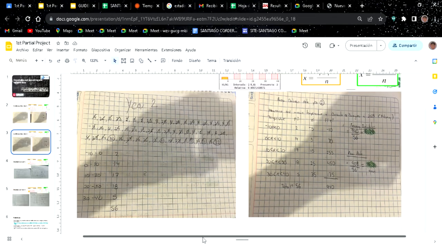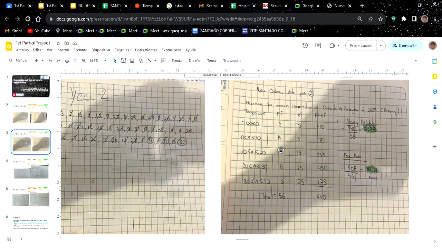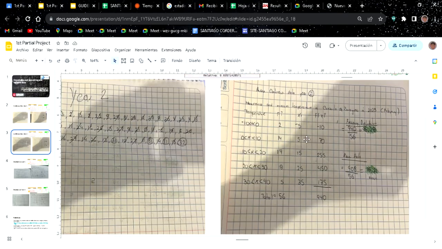And then I have to pass to clean, and the same is the temperature, that is less 10 to 0 are two, the same, and we have 58. And then I calculate the midpoint that is the same as the first year: less 5, 5, 15, 25, 35.